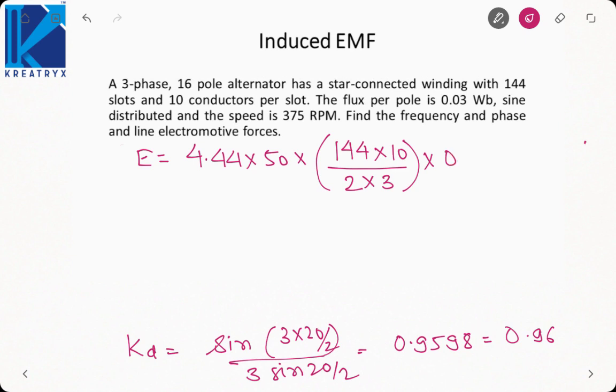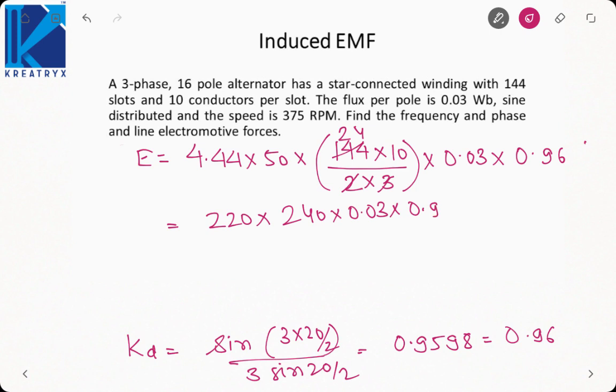Phi, it is given as 0.03 Weber. Then Kw, which is essentially Kd, since nothing is said about the short pitching, Kp can be taken as 1. So that is how you can calculate your EMF. So basically 4.44 into 50 into 240 into 0.03 into 0.96.